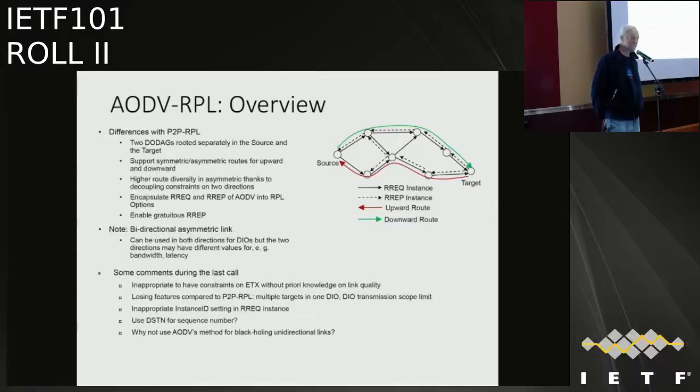The sequence numbers you have are the DTSN and the version number. If you have a new version, it really means that you're building a new geodag. Now, the root could also issue a new DTSN, in which case you would keep the geodag that you have, with no new reparenting or DAG formation, but you would be making sure that the prefixes are available. So it's really a matter of what exactly the protocol wants to do.